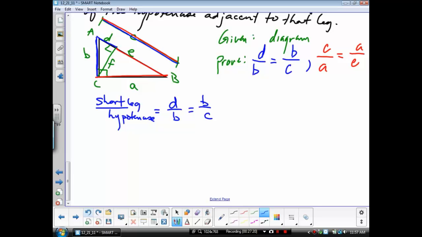Now thinking about the red situation there, C to A is A to E. The red is on this other half of that original right triangle. So A and E are hypotenuse and long leg.